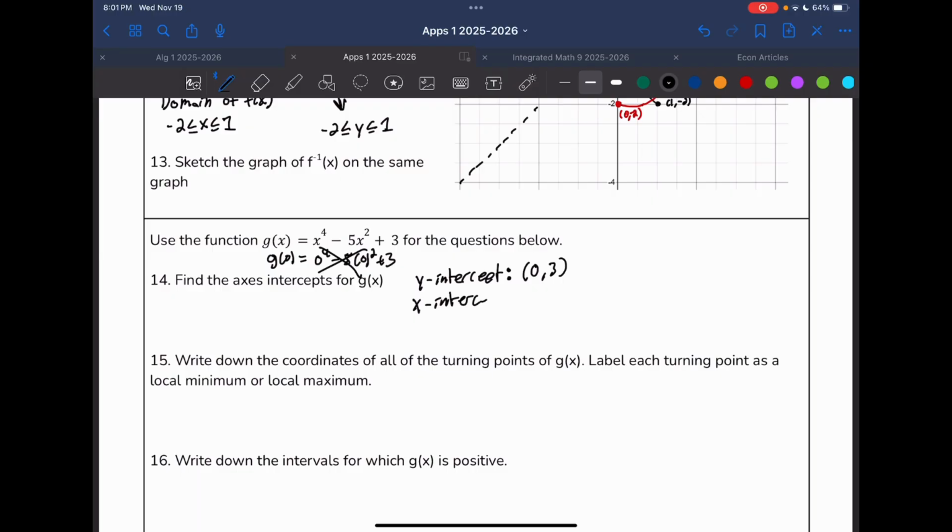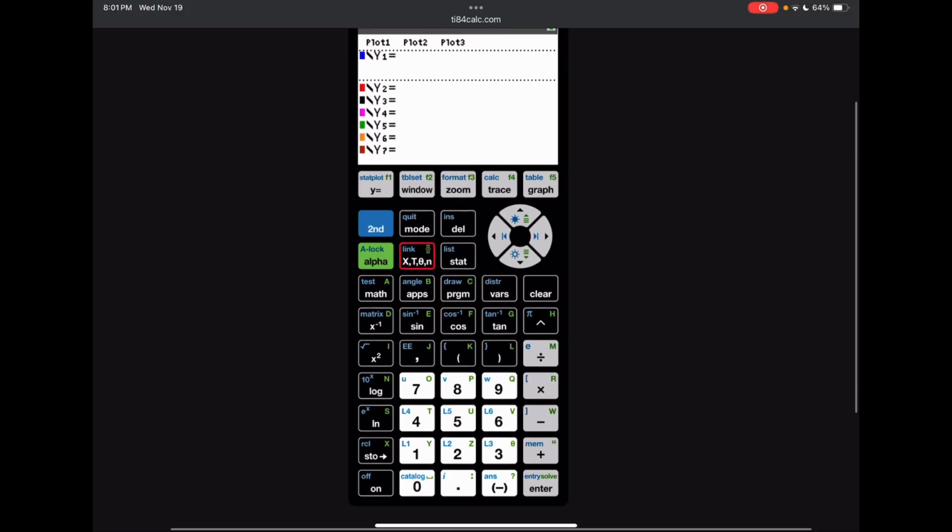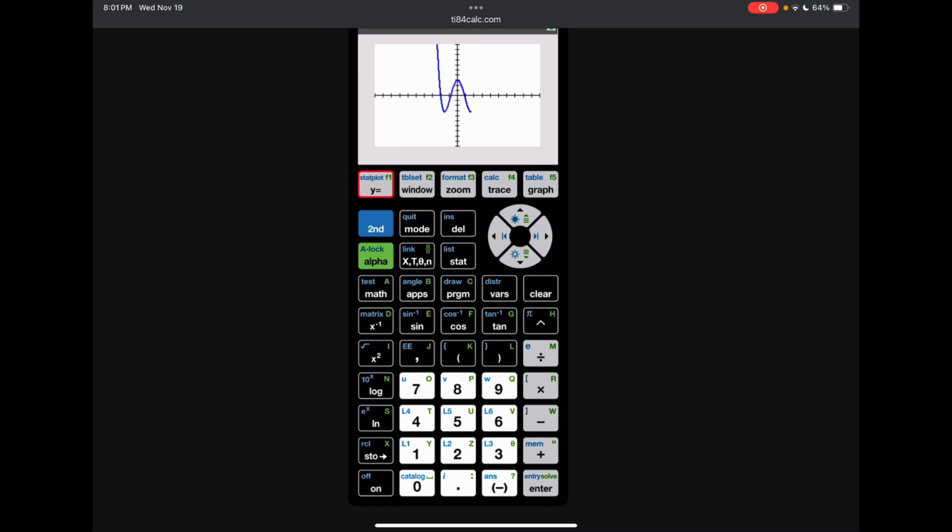And then for my x-intercepts, well, I'm going to need to use my calculator to find those. Go into y equals, and then I want to put 0 there. And then I want to use my intersect function to find the values of all 4 of those x-intercepts.